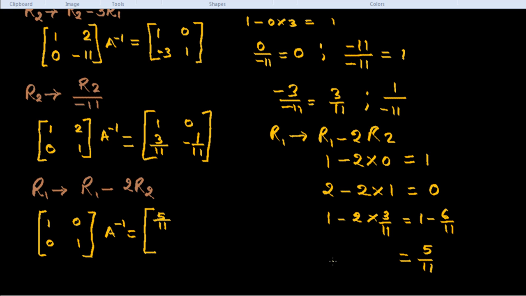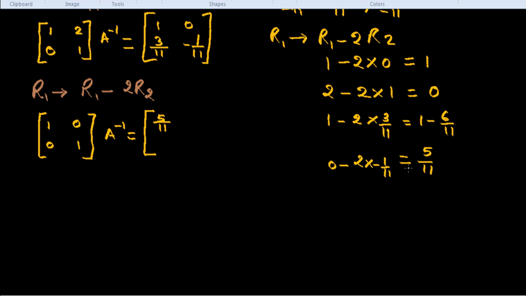Here it is 0 minus 2 into minus 1 over 11, so we get 0 plus 2 over 11, which is 2 over 11. The other row will remain the same: 3 over 11, minus 1 over 11.